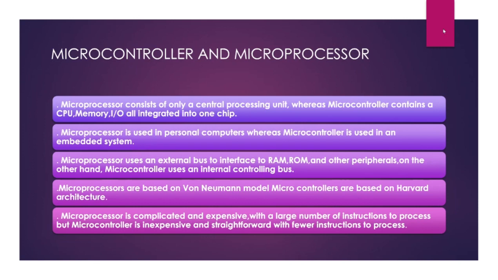Microprocessors use an external bus to interface to RAM, ROM and other peripherals. On the other hand, microcontroller uses an internal controlling bus. Microprocessors are based on Von Neumann model. Microcontrollers are based on Harvard architecture. Microprocessor is complicated and expensive with a large number of instructions to process, but microcontroller is inexpensive and straightforward with fewer instructions to process.